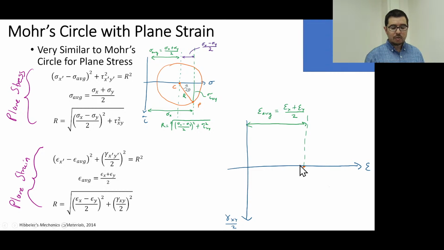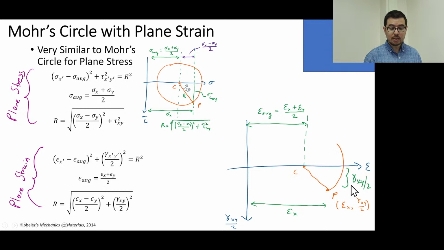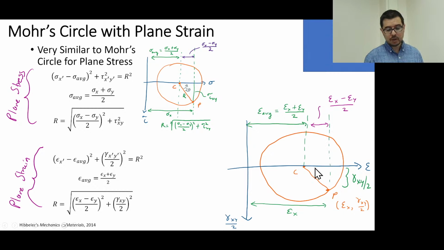Once again, you would plot the middle point of the circle using the average of the normal strains now. You can figure out where a point is if you know the gamma xy, and you can make a circle with the appropriate radius, which you find by figuring out what the adjacent side and the opposite side are.